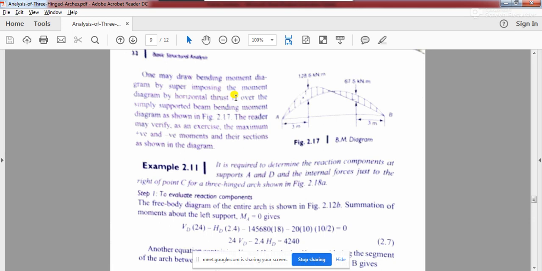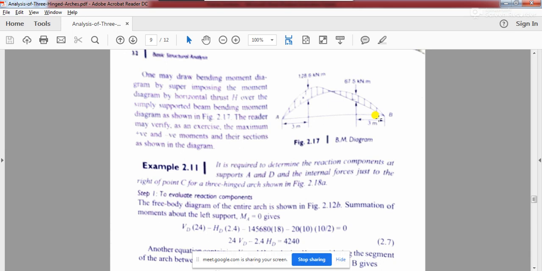So that is what I was telling. The horizontal thrust is going to create a bending moment diagram which will obviously take the shape of the equation of the arch, because the horizontal force is constant. What is varying is your y. As y varies, your bending moment varies.